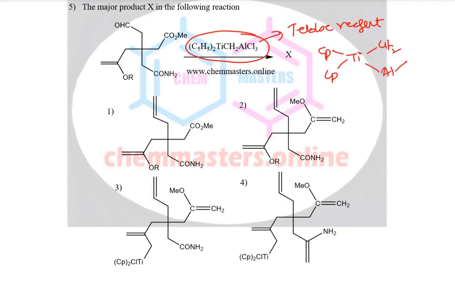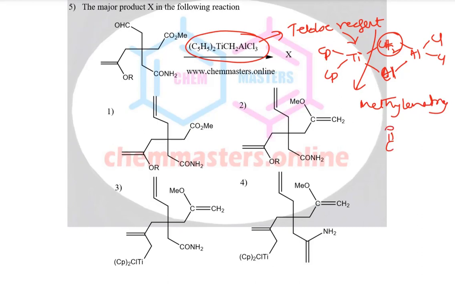Sorry, here is the chlorine and here is aluminium. So this is simply considered as Tebbe reagent. Tebbe reagent is a methylenating agent. So just note it, methylenating agent. That means carbonyl groups are simply methylenated to produce an alkene. So this is the main concept involved in this reaction.